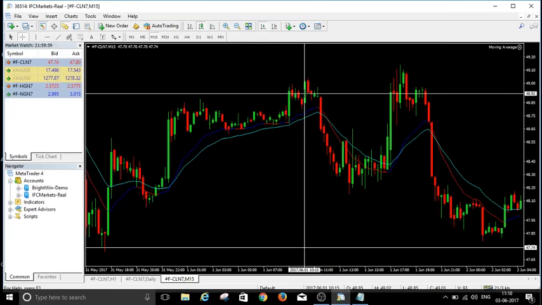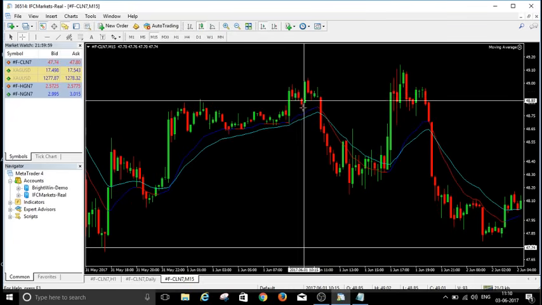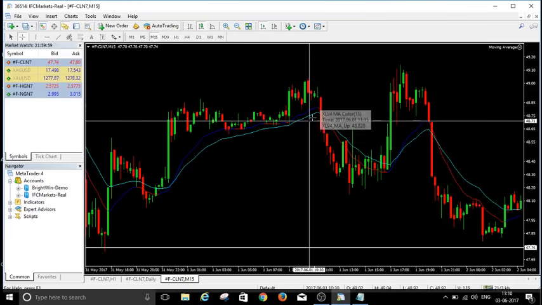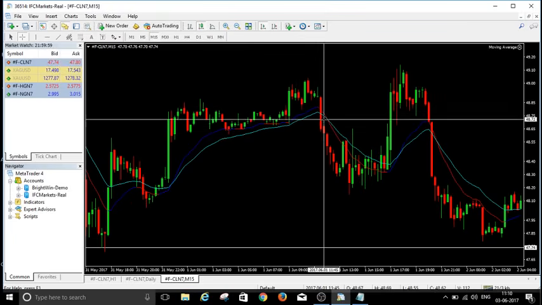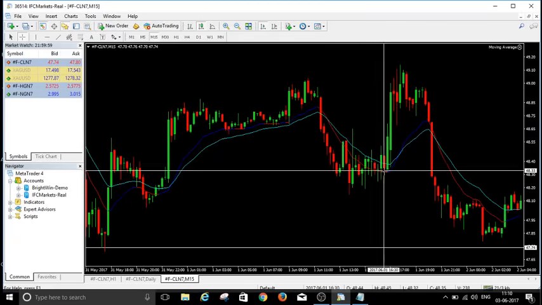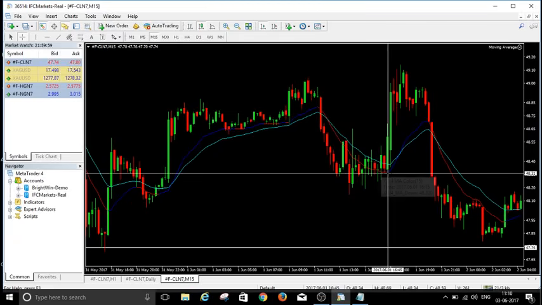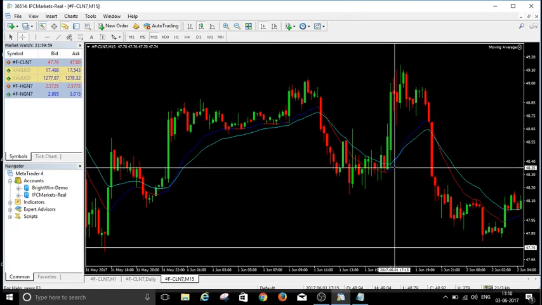This line changed into red, so I will go in sell, as the crossover happened here. Then this line changed into blue, but it's going continuously blue.